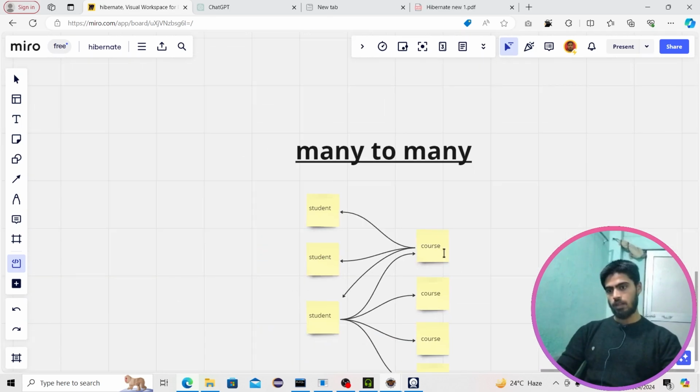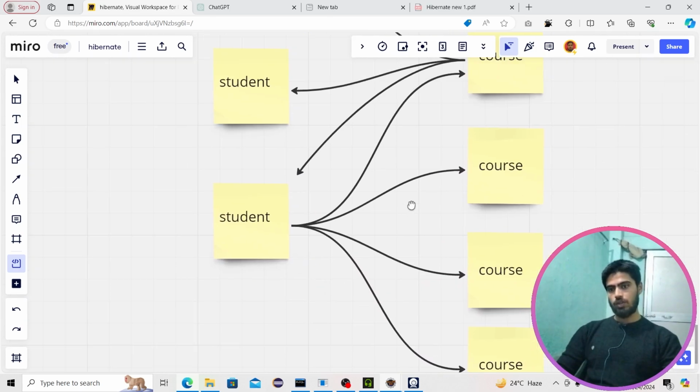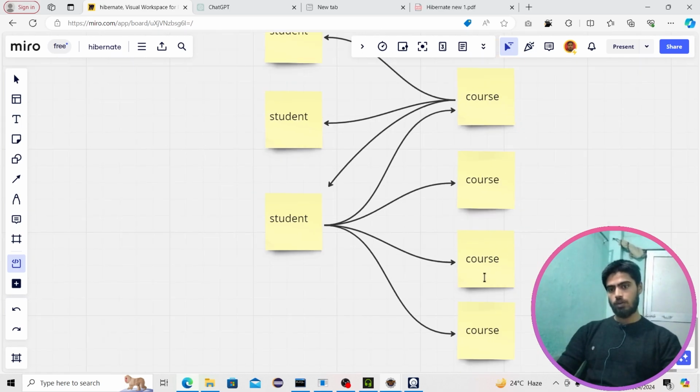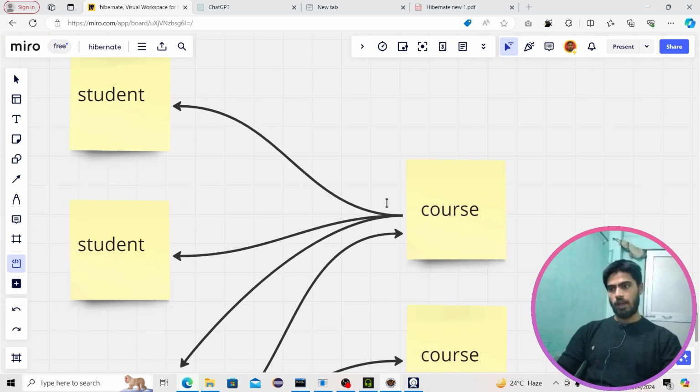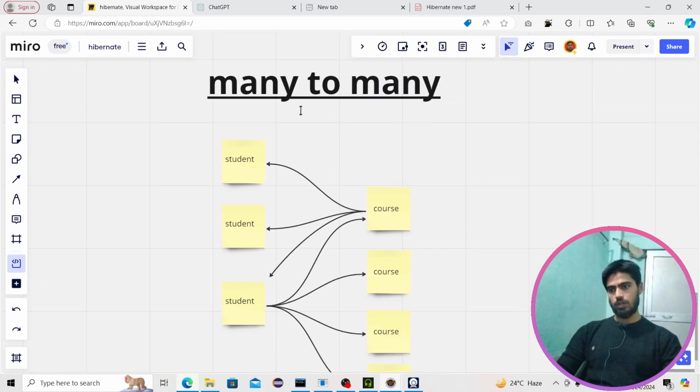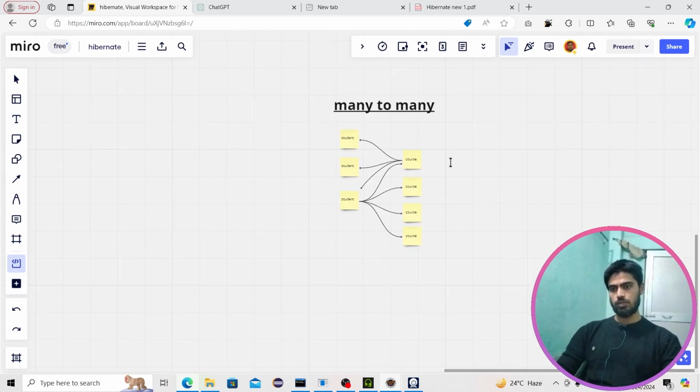In many to many, one student can be enrolled in multiple courses, but one course can have multiple students. So it becomes many-to-many association mapping.